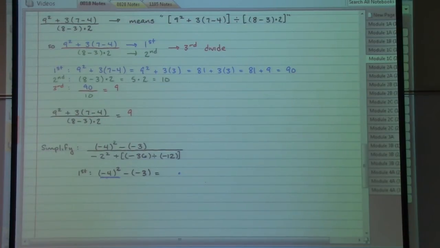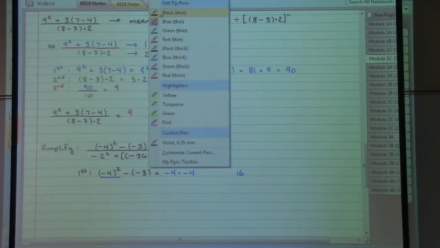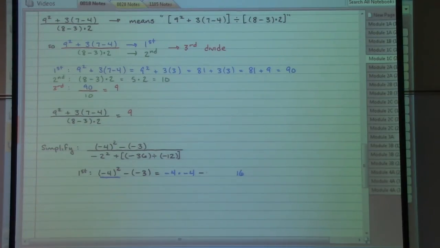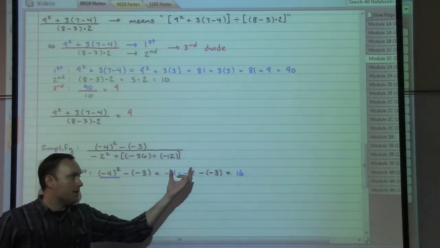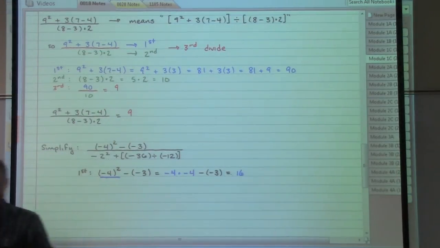Well, what's inside of those parentheses is what we use to fill in the blanks. -4 times -4 is going to give us, negative times negative is a positive, 4 times 4 is a 16. It's very important for us to recognize that in this particular problem, the parentheses being present and in front of that power of 2 means that the negative and the 4 are being used in our special multiplication problem.